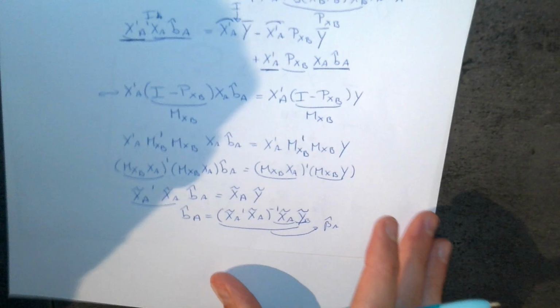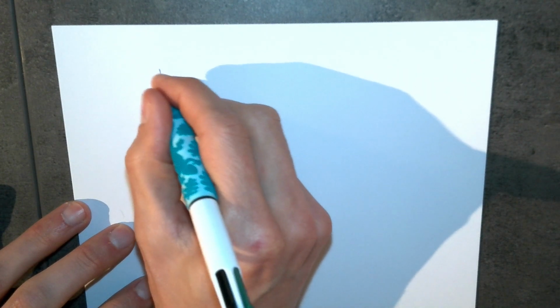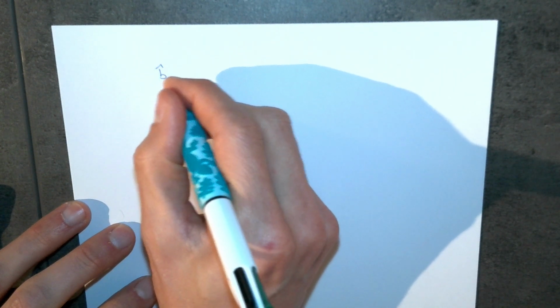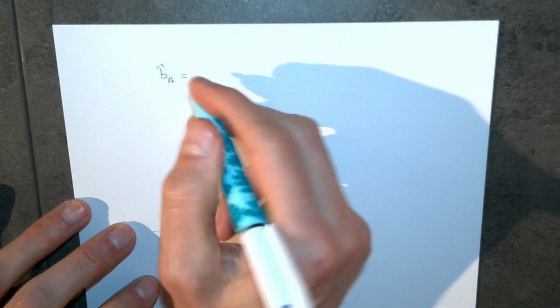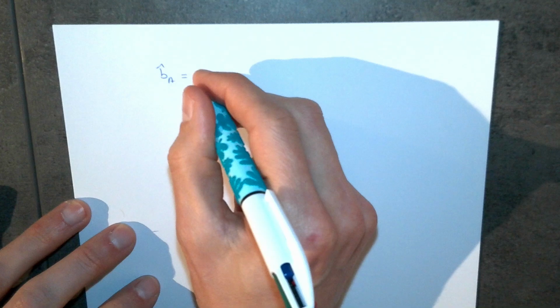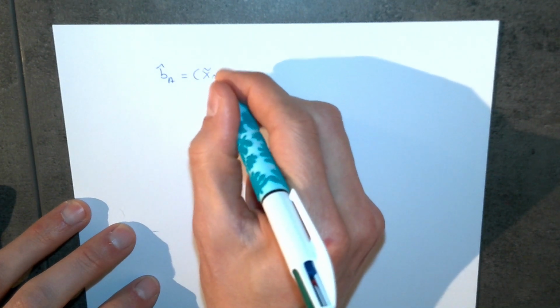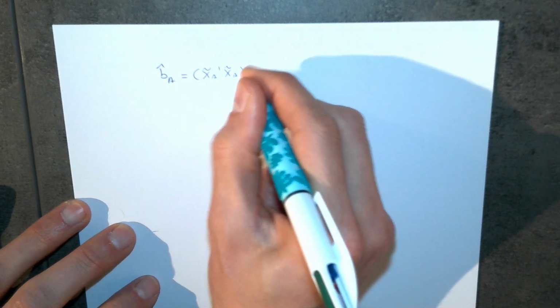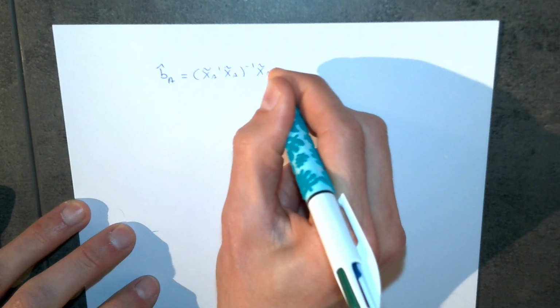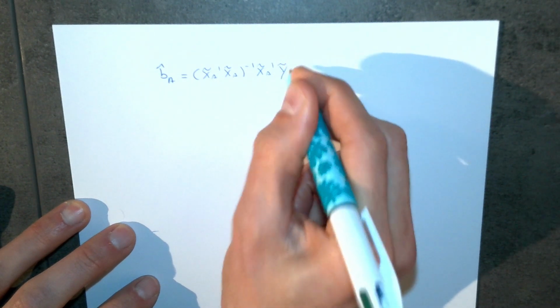Right. There's a small note that I would like to make. We had that b hat a, the coefficient for the covariate a in the regression of y on xa and xb, is equal to x tilde a prime x tilde a inverse x tilde a prime y tilde.